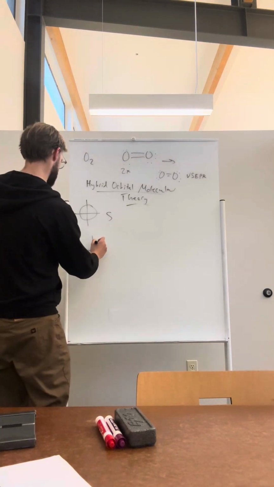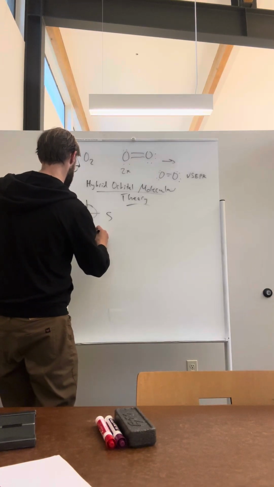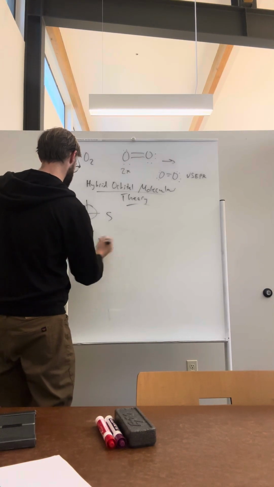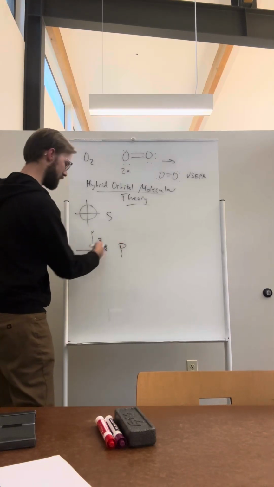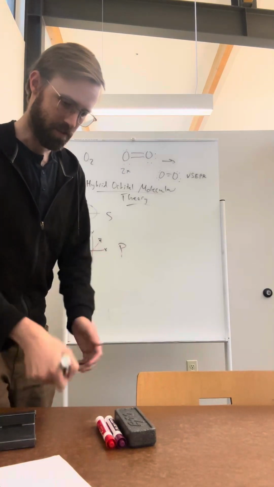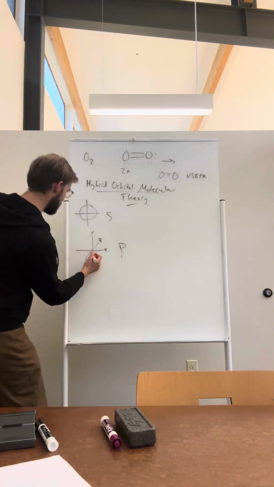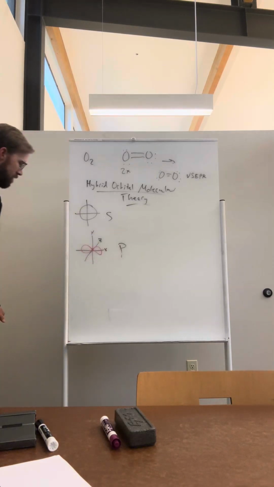So we have p orbitals, so this would be the x, y, and z axis. And then we have these p orbitals, which kind of belong to these axes. So let me draw this in red, kind of give you a sense of what this might look like. So first we have the x ones that kind of look like that.